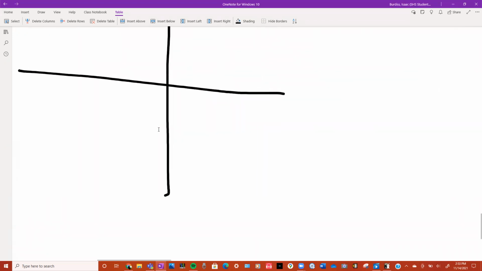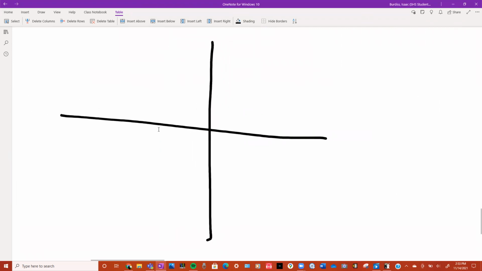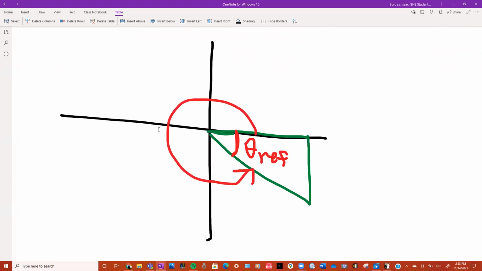Okay, here it is. It looked like this. So this is going to be our reference angle, and our full angle is going to be all the way around, since it's a fourth quadrant angle.